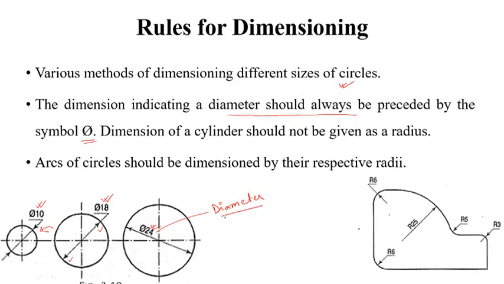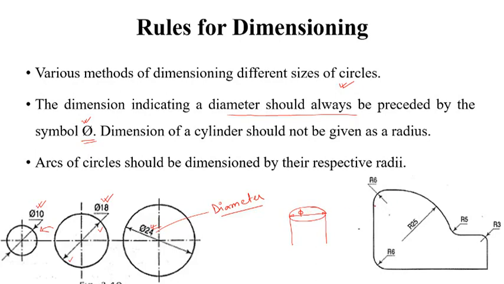So in case of circles, you have to use this phi. Plus, the dimension of a cylinder should not be given as a radius. If we have a cylinder, suppose this is your cylinder, then also you have to provide the diameter of this, not the radius.